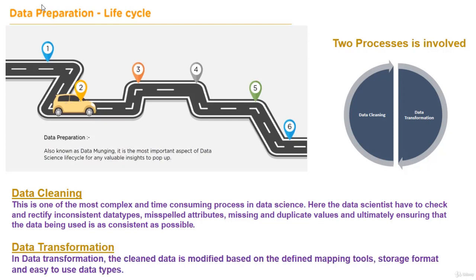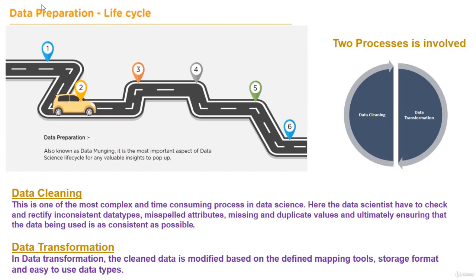In data transformation, it usually involves modifying the clean data based on mapping tools, storage format, and easy to use data types. Here is where the data scientist takes the clean data and transforms it into data types which are easy to store and easy to manipulate.